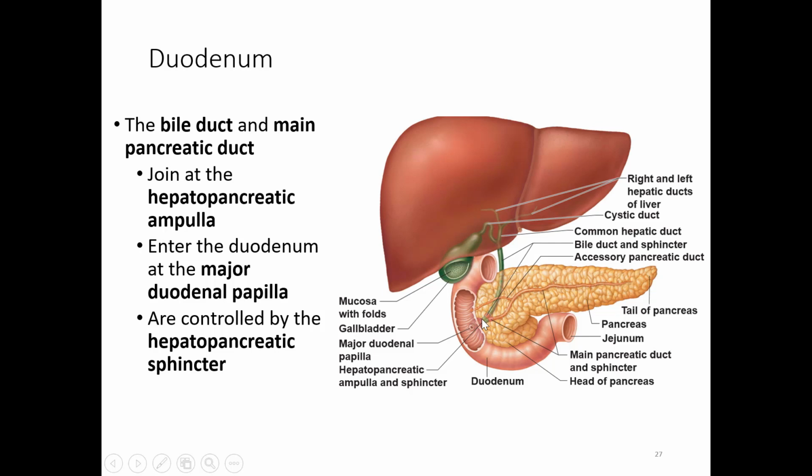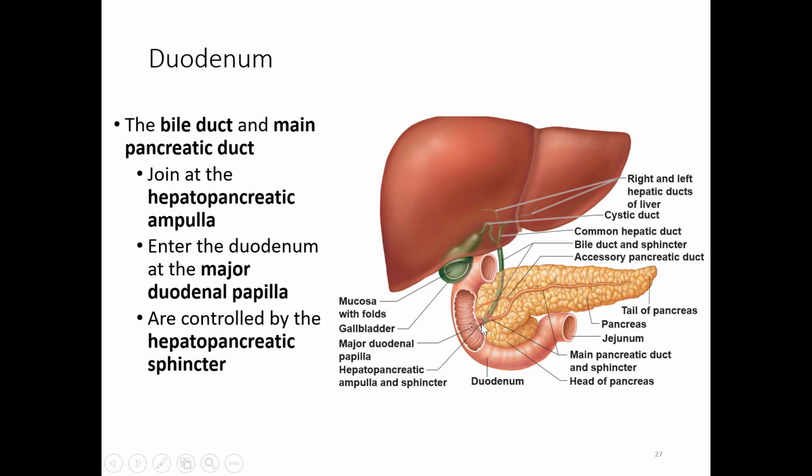That ampulla actually joins together 2 ducts. The first one will be the common bile duct that brings bile from the liver and gallbladder, and bile would be for digestion of fats. The next duct, the pancreatic duct, brings pancreatic enzymes for digestion of everything else, carbs, proteins, lipids together.